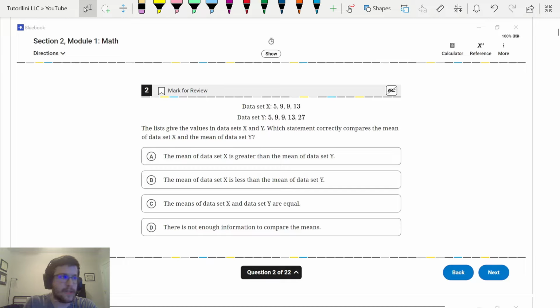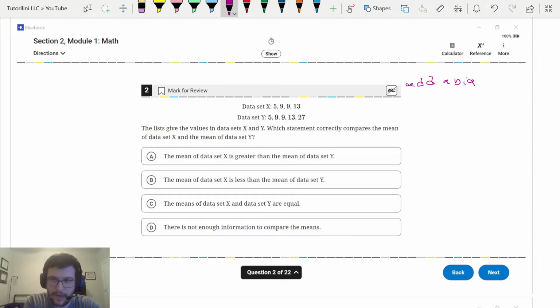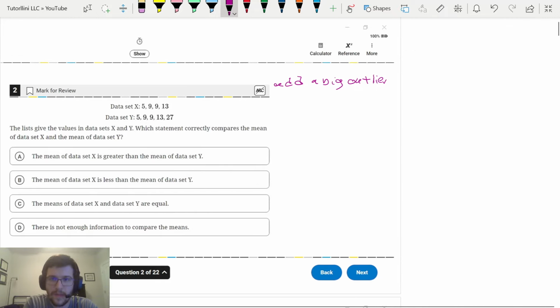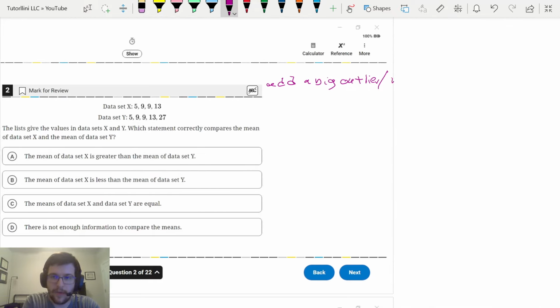Okay, for this one, the concept that they're testing you on is outliers. So if you add a big outlier, a point to the far right of the data, or you take away a small outlier, a point to the left of the data, that pulls the mean up.